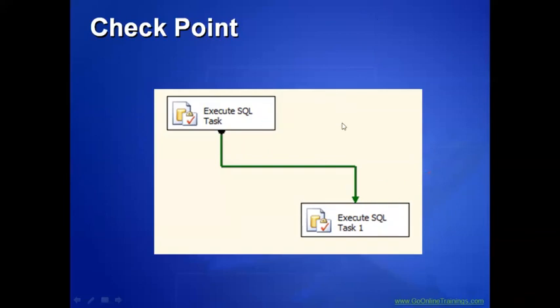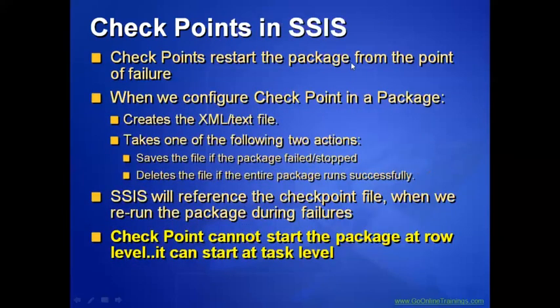Clear? So what is the checkpoint information? Checkpoint restarts the package from the point of failure. For example, you have task number 1, task number 2, task number 3. Task number 3 is where the failure occurred. When you give the solution for task number 3 and execute the package again, the entire package should not be executed again, because task number 1 and task number 2 already executed, and task number 3 had the failure.